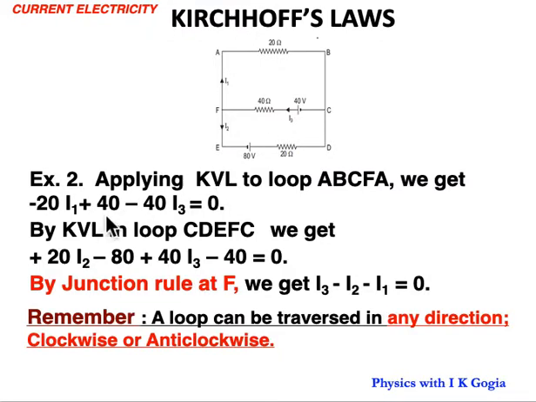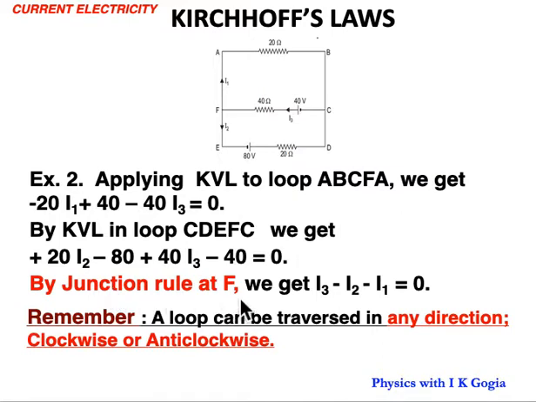So, plus 40 volts because there is a rise in potential. Here again along the current there is a drop. So, minus 40 into I3, resistance 40 into current I3, and the algebraic sum is 0. Similarly, you can apply the rule to loop C, D, E, F, C. I am leaving this for practice to you.